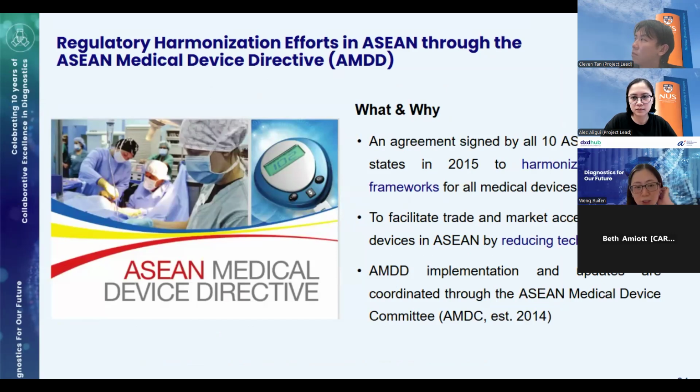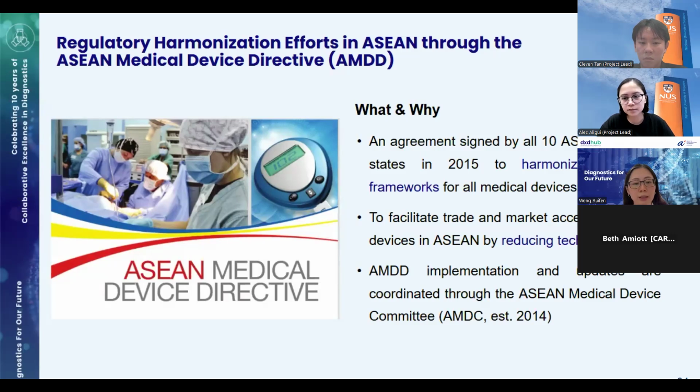Fortunately, it's not all too depressing for all of us developing innovative products. Within Southeast Asia, there has been ongoing regulatory harmonization through what we call the ASEAN Medical Device Directive, or the AMDD in short.